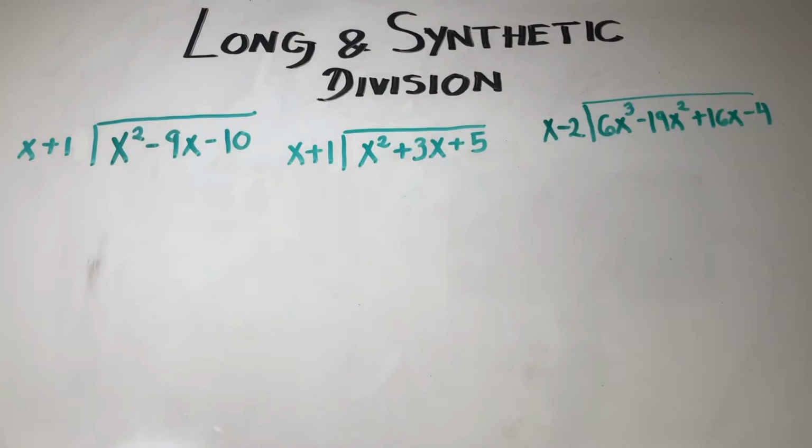Now I'm going to go ahead and do some examples, and I'm going to explain it along the way. In our first example, we have x squared minus 9x minus 10. Now, the way you do this is that you take the first term of the dividend. By the way, this is the dividend.